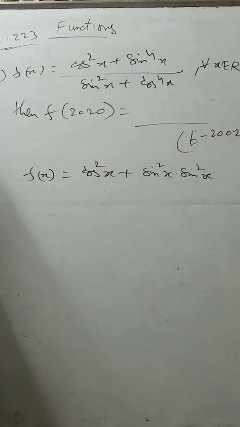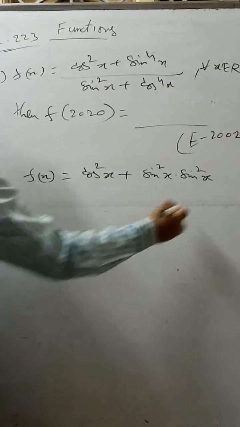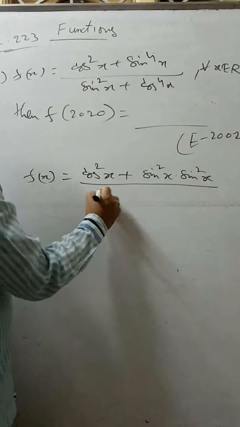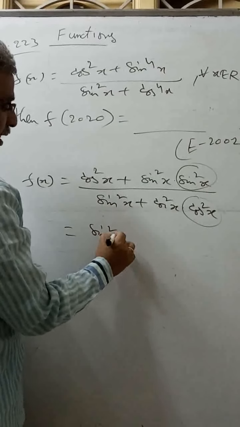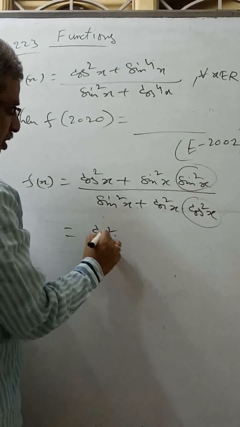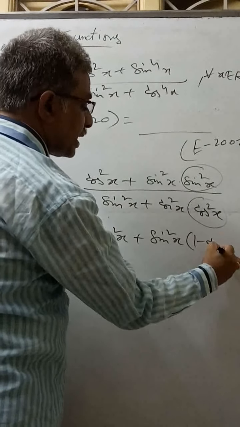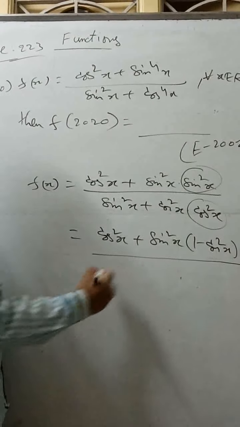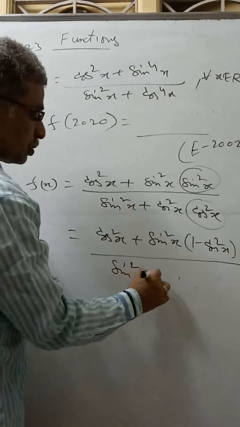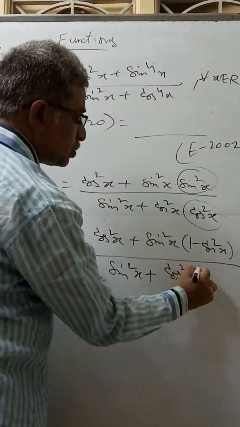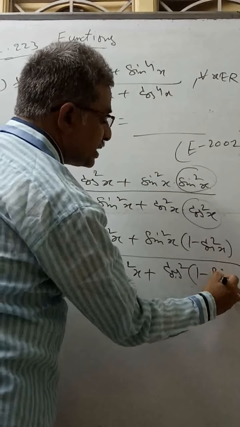Sin square I can write as 1 minus cos square x, by the same sin square x into cos power 4, I can write as cos square x into cos square x. Now this sin square I will write as 1 minus cos square, this cos square I can write as 1 minus sin square. So numerator is cos square x plus sin square x into 1 minus cos square x, divided by sin square x plus cos square x into 1 minus sin square x.